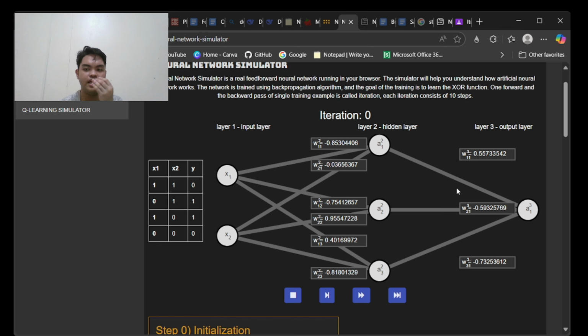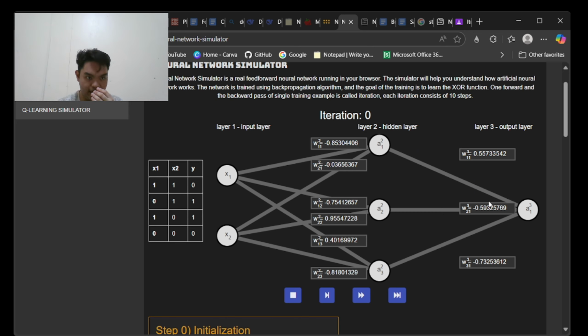We need these hidden layers to learn the complex XOR patterns. This will help us identify from the input to finally get our layer 3, which is our output layer. We can see that in the output layer we only have one neuron that will give us the XOR result.